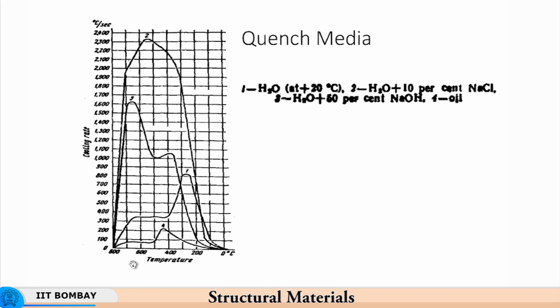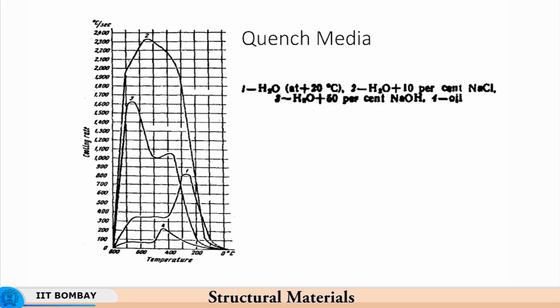So, by addition of 10% sodium chloride to the same water at 20 degrees centigrade, which is assumed to be room temperature, you get a very high cooling rate, which can be good in one case and bad in other cases.